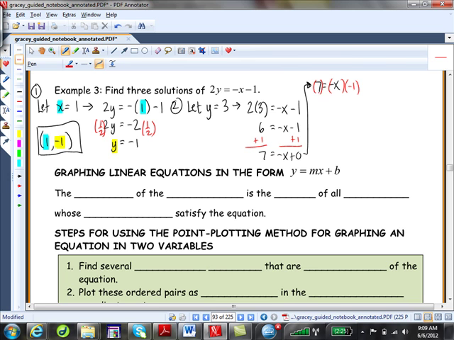So I'll multiply both sides by negative 1, and we'll get negative 7 is equal to positive x. So the ordered pair we found was negative 7, and we had let y equal to 3. So this is where we got the 3, and this is where we get the negative 7 from solving for x.